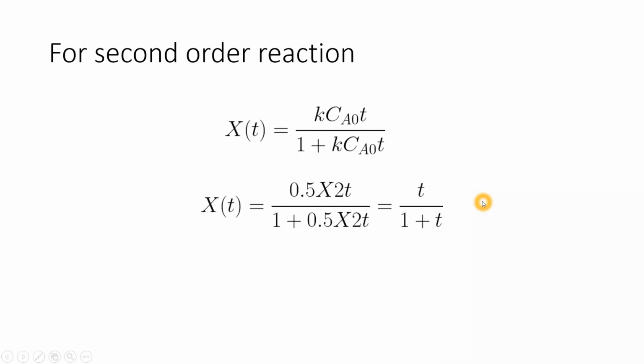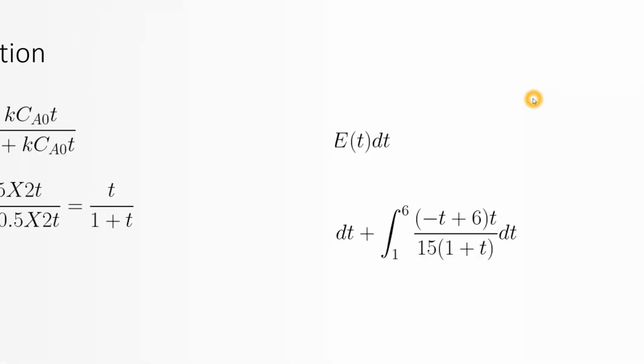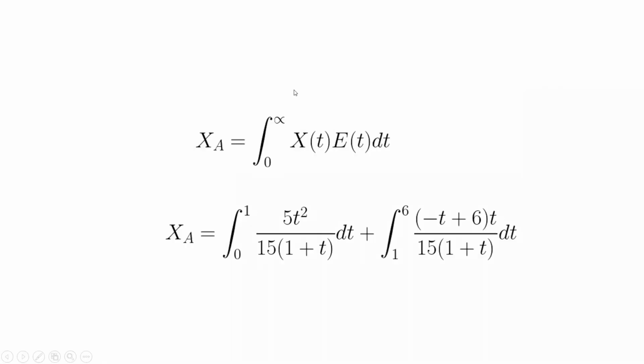For a second order reaction, Xt is equal to k C0 t upon 1 plus k C0 t. So Xt is equal to k = 0.5, C0 = 2, which gives t upon 1 plus t. So X is equal to the integral from 0 to infinity of Xt Et dt. Now we will use two limits, 0 to 1 and 1 to 6.